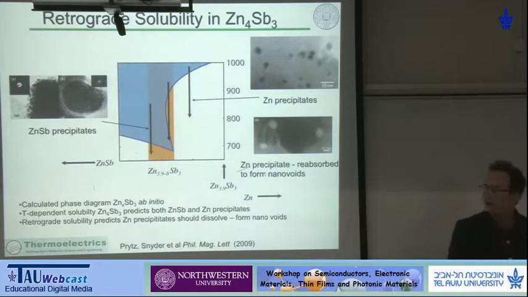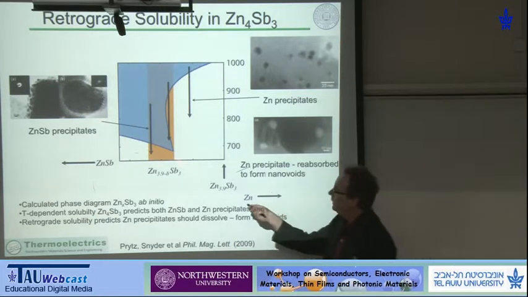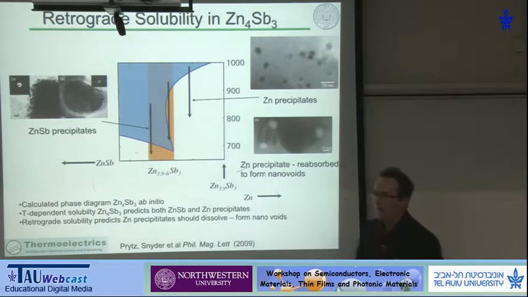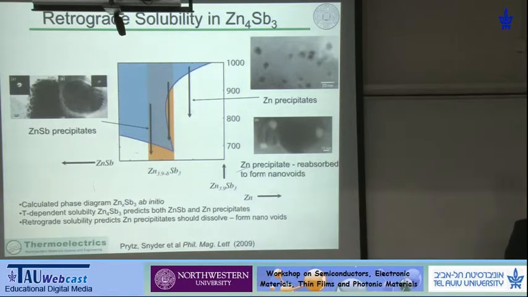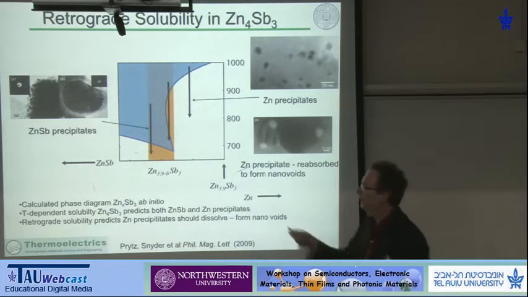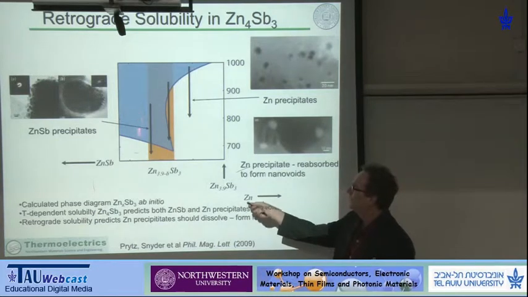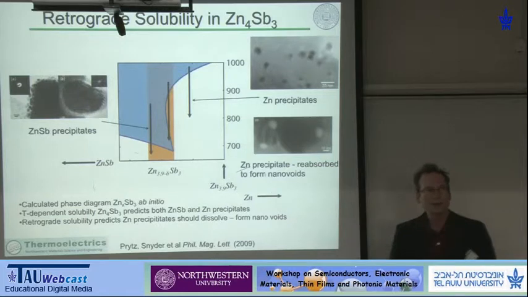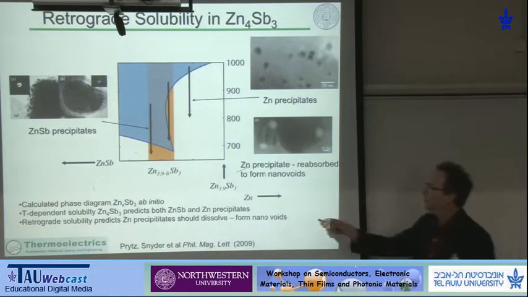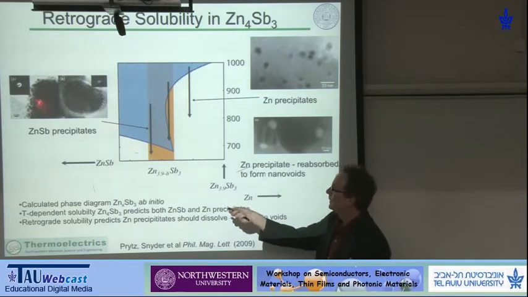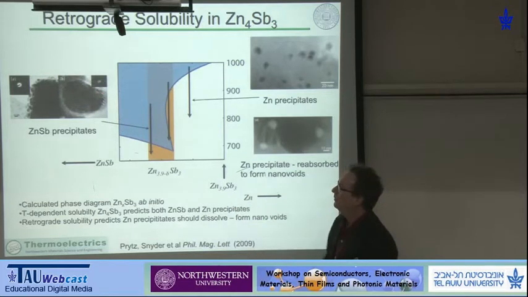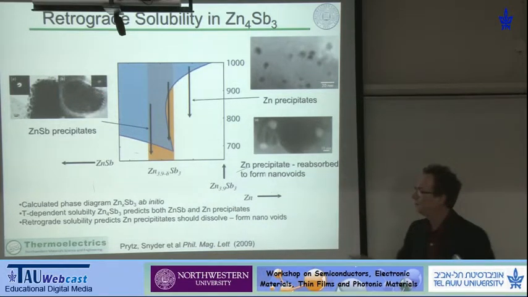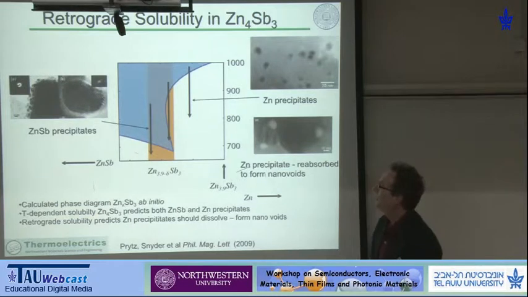and microstructure, because what we see here is the temperature dependence of the solubility of the zinc, which means that if we change temperature, we ought to make things like precipitates that form out. And so on the zinc poor side, we have zinc antimony precipitates that form, and we see that on this side.